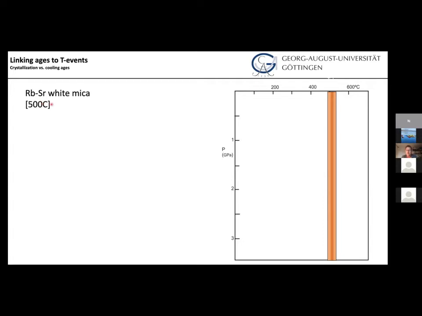So if we go for a typical metamorphic cycle, we would have an increase in pressure and temperature. And if our mica would form at these peak conditions, the system would remain open. So as long as the metamorphic event continues, as long as the PT path is above the closure temperature, we are basically not closing our geological clock.